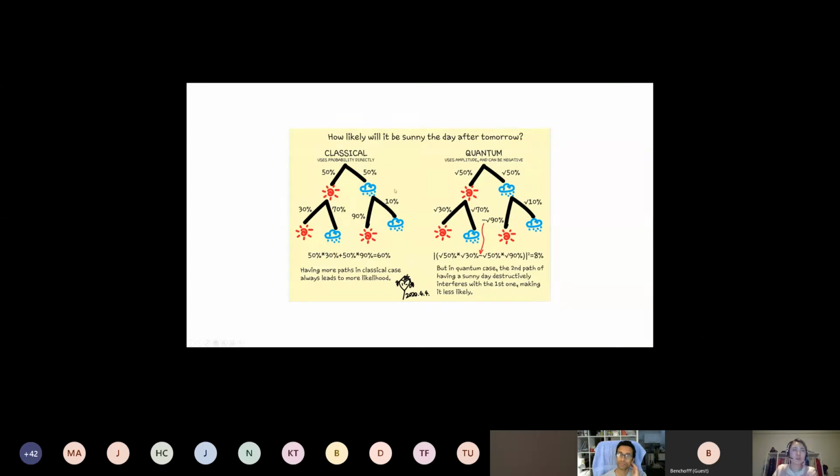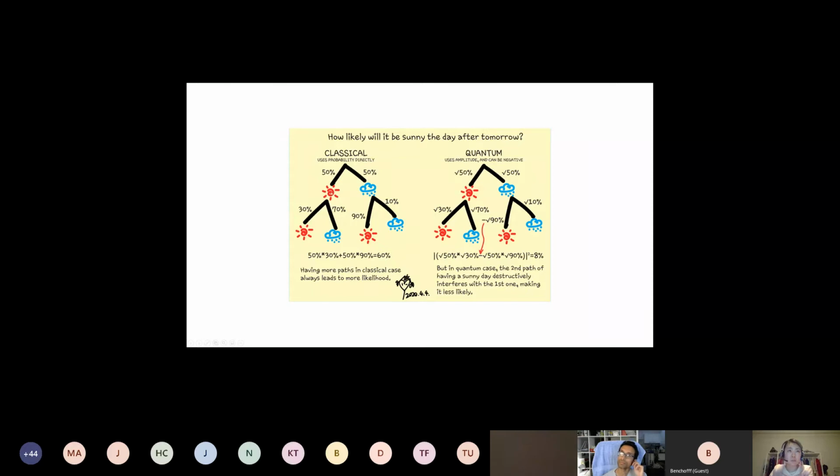Classically, say tomorrow has equal probability of being a sunny day or a rainy day. What is the probability of the day after tomorrow being sunny? In a classical system, we would just add up the probabilities.